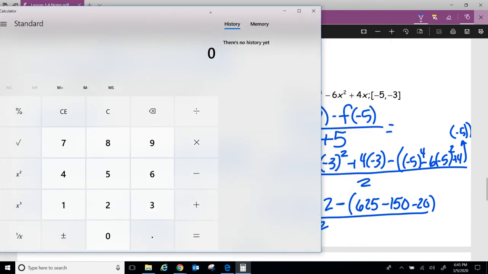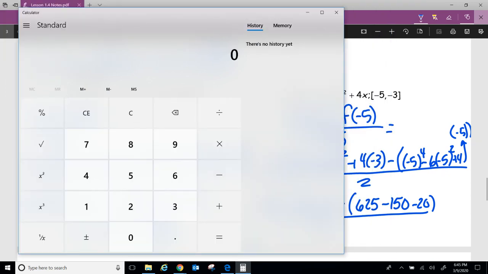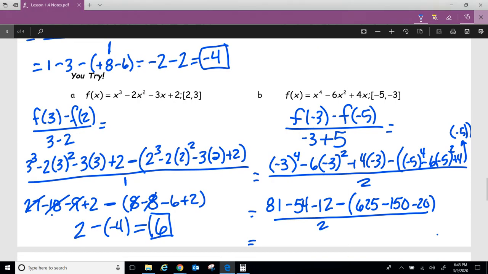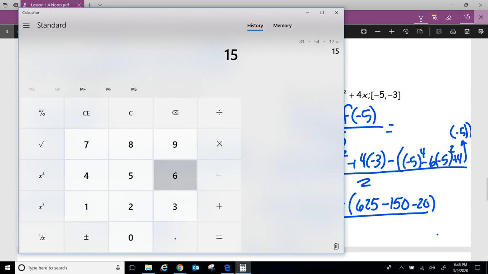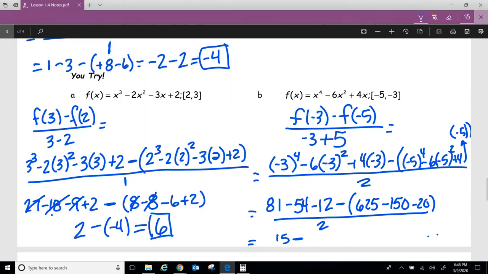And we've got 81 minus 54 minus 12. That's all equal to 15. So this first part here is 15. And then in our parentheses, we got 625 minus 150 minus 20, and we get 455.